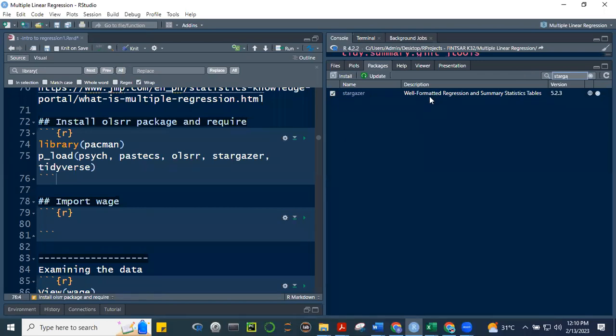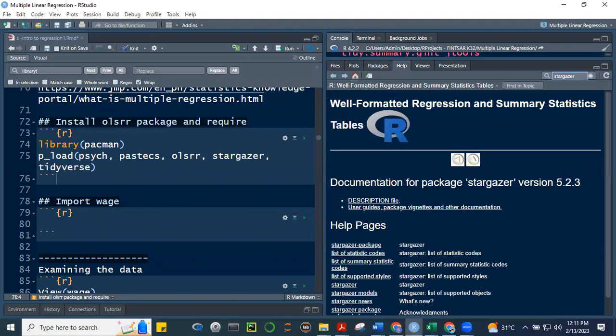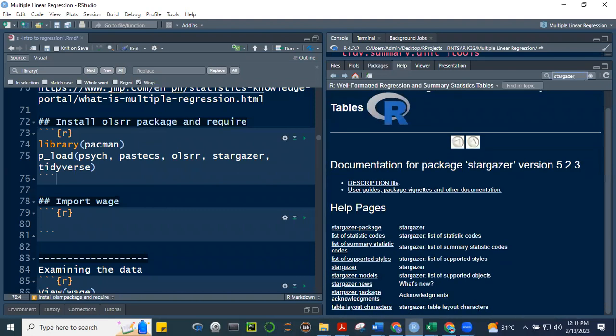It's for formatting outputs, well-formatted regression and summary statistics tables. So kanina yung output, di ba hindi maganda? We can combine it with Stargazer so that it will generate good summaries. For example, ito, list of summary statistics.